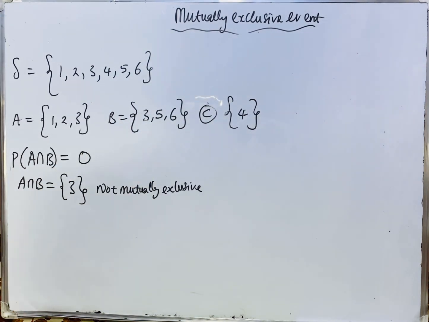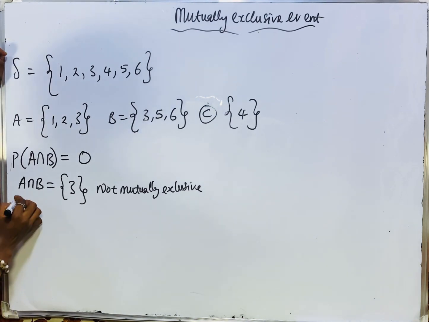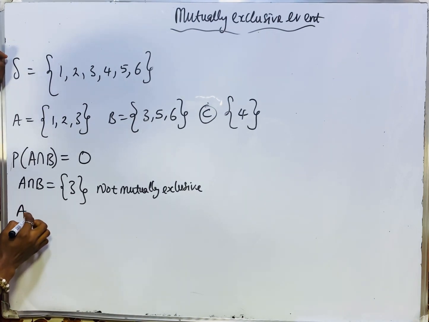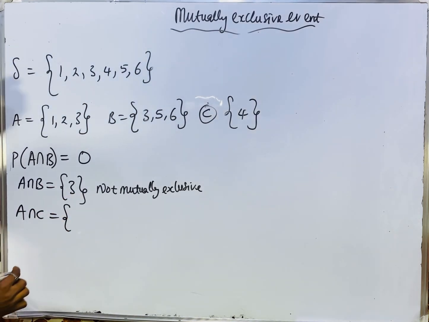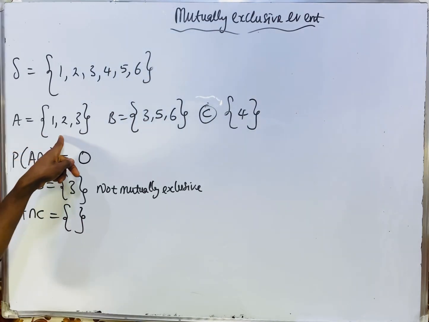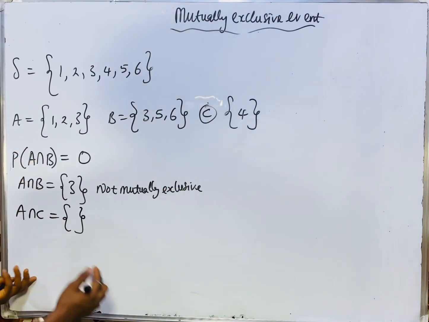You understand? So now let's check A and C. A intersects C: this is A, this is C. What do they have in common? Nothing.